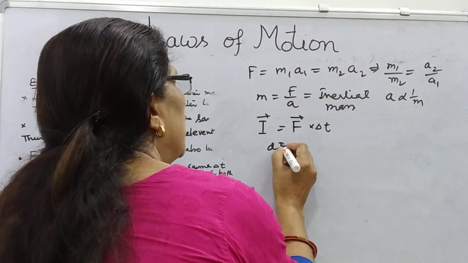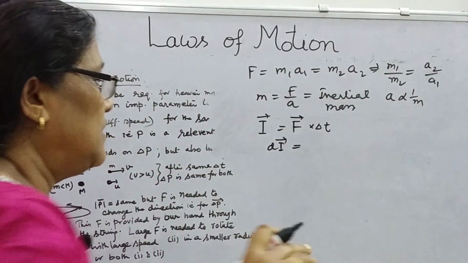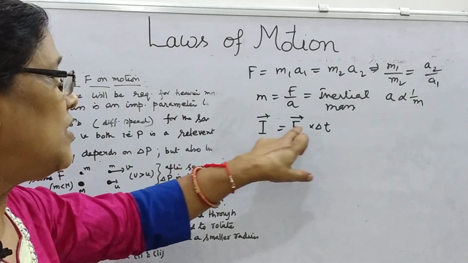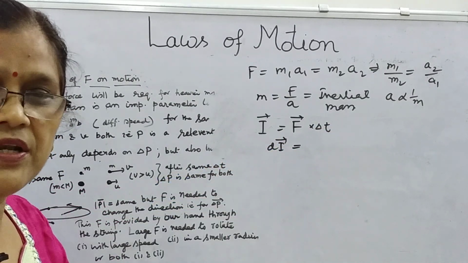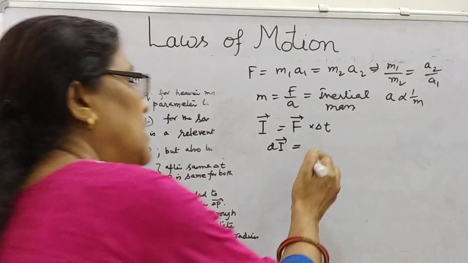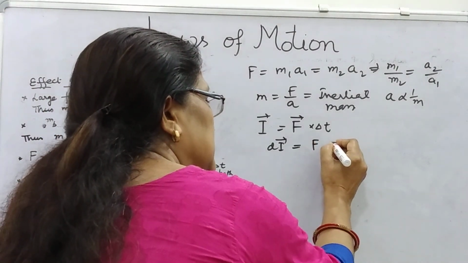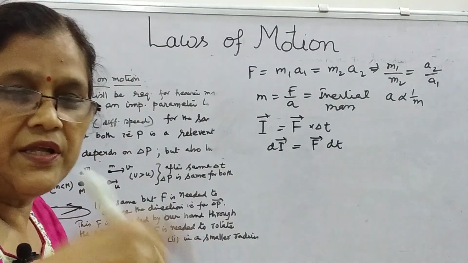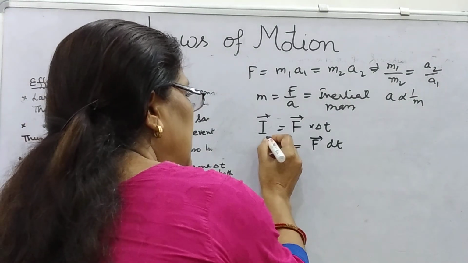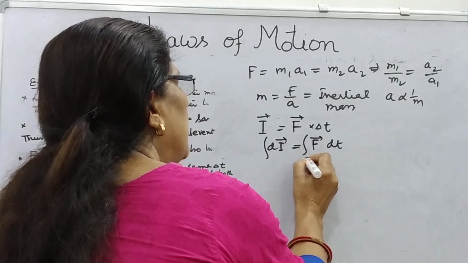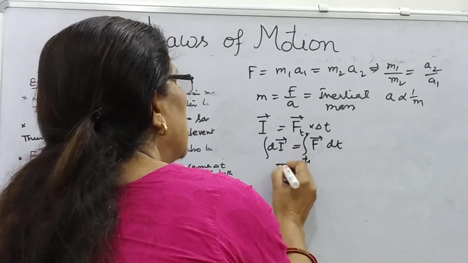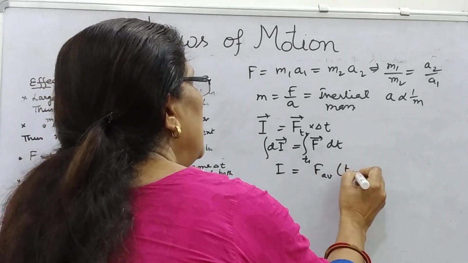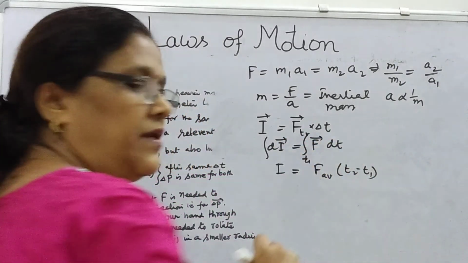For a short interval, dI can be written as F dt, using vector notation. Then by integration on both sides, from t1 to t2, you will get I equal to F average into t2 minus t1, or delta t.